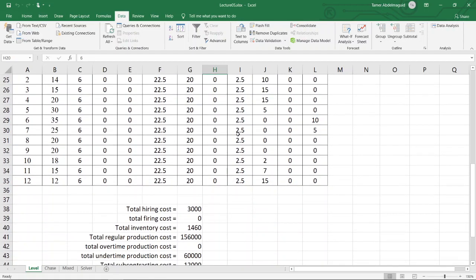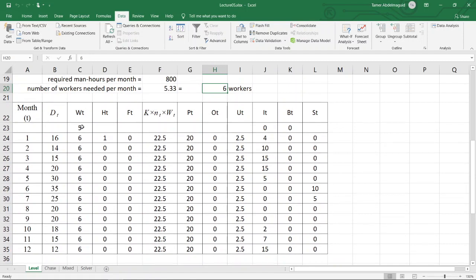Now, it's mentioned in the given data here that the current number of workers is actually 5. So what I'm doing here is building a table. This table includes all the problem data in addition to the decision variables whose values we wish to find.